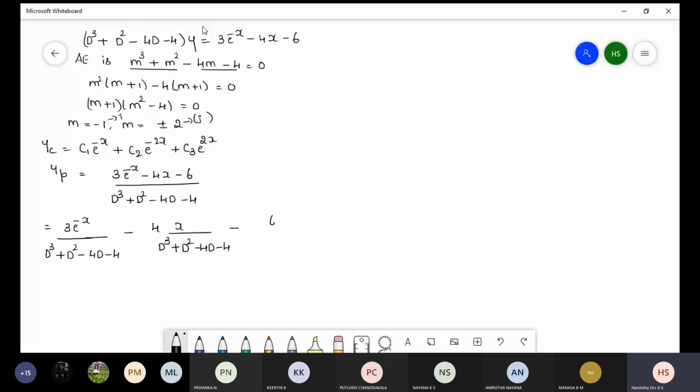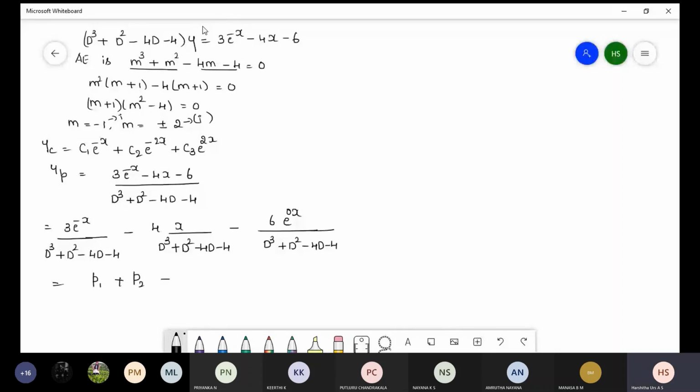In the last one, nothing is there, meaning we can write e power 0x, over D cube plus D square minus 4D minus 4. Now I call these P1 plus P2 plus P3.